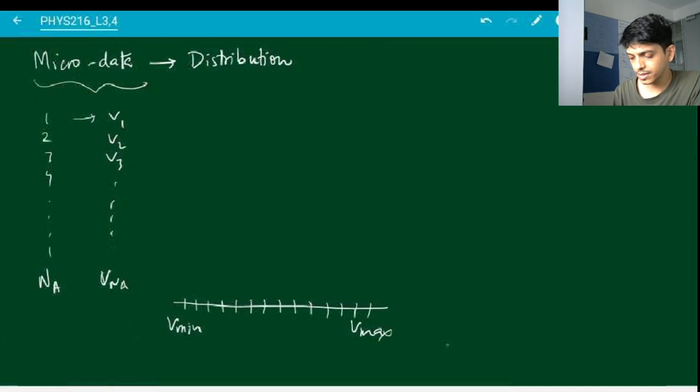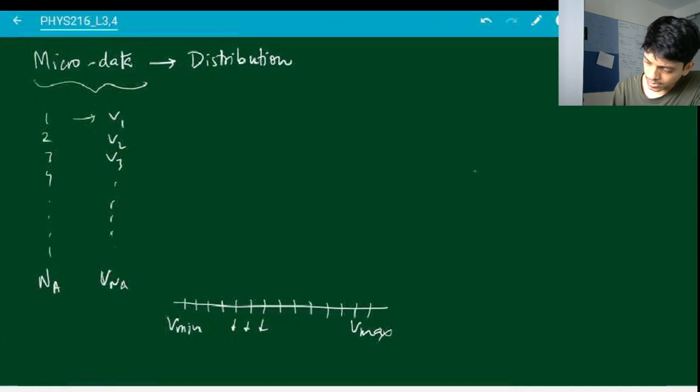So, for example, this might be between 5 meters per second and 6 meters per second, then 6 to 7 meters per second, and so on. Then, looking at your micro level data, you just count how many times you get between 5 and 6, how many times between 6 and 7.